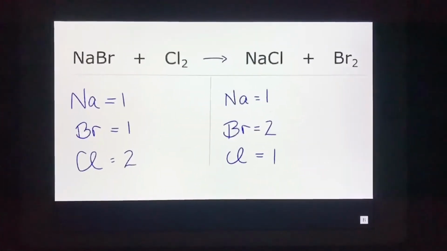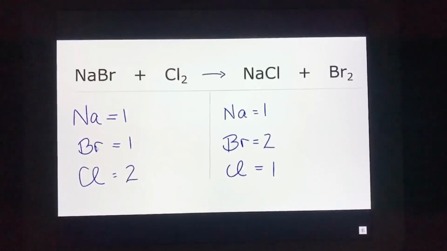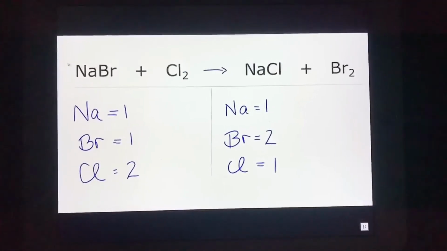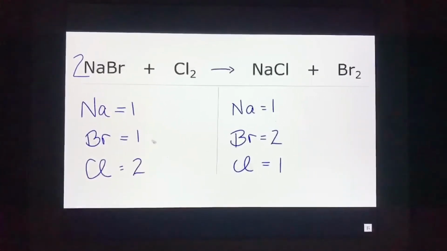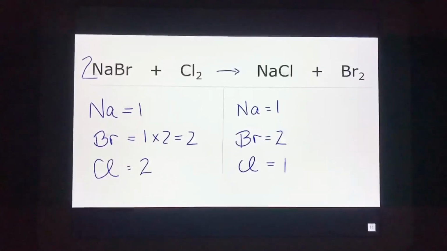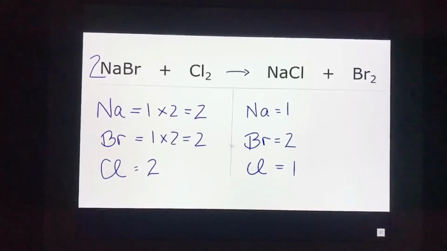Now sodium bromide plus chlorine gas, then NaCl, and we get bromine gas. Here you see how you have to balance it. In the product bromine is 2, but in the reactant it is 1, and chlorine is 2 in the reactant, but in the product chlorine is 1. So we have to keep in observation what we are going to do.